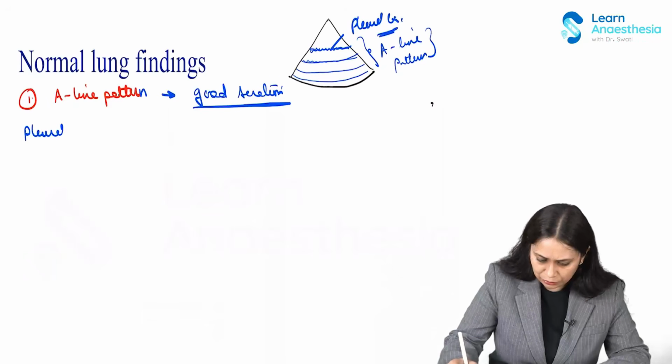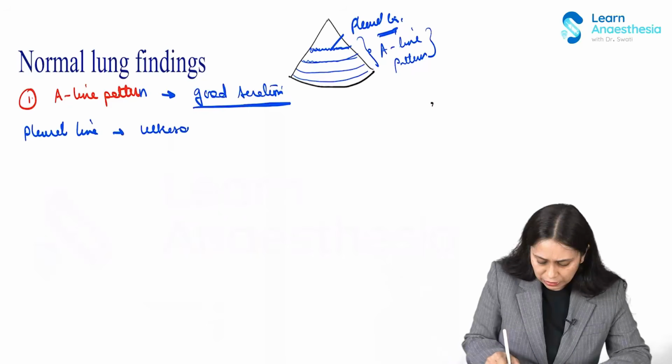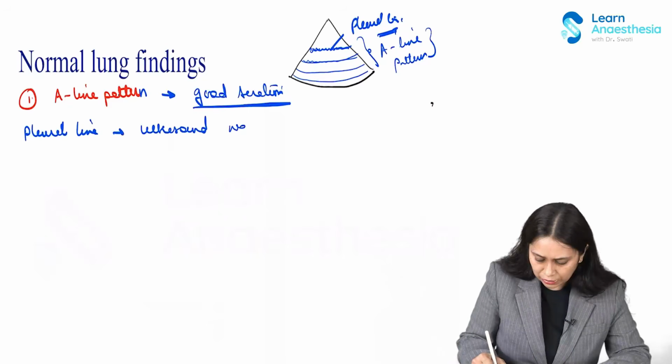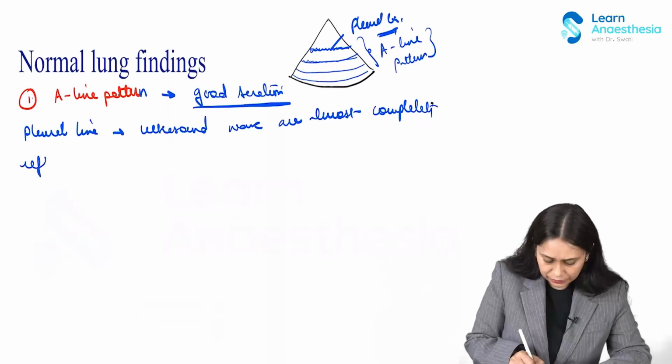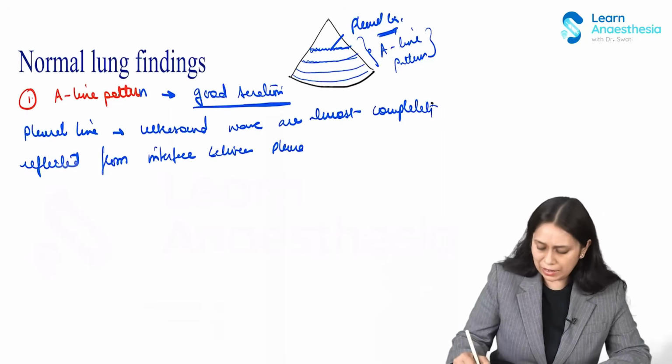So this pleural line is there because ultrasound waves are almost completely reflected from the interface between the pleura and the aerated lung, okay.